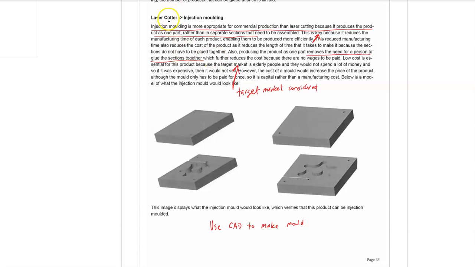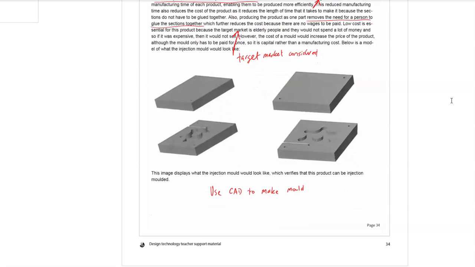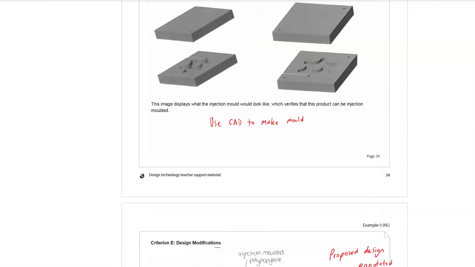Just comparing processes, in the prototype it was laser cutting, now it's going to be injection molding. And right at the very beginning it says injection molding is more appropriate for commercial production rather than laser cutting. So that makes it very clear that you're considering mass production. Down here we're looking at the injection molds that could be made up. So you could use CAD to create a mold for how that injection molding could look.